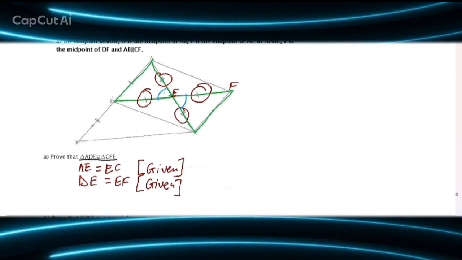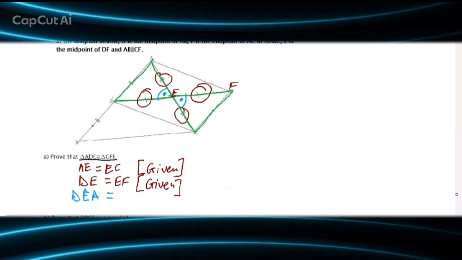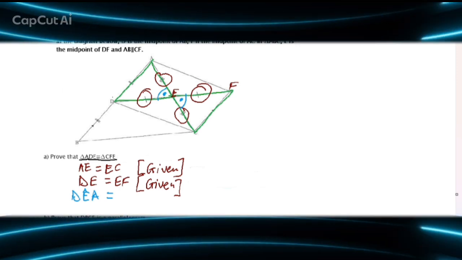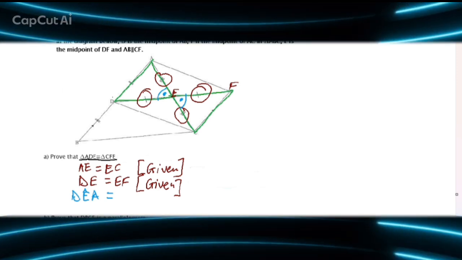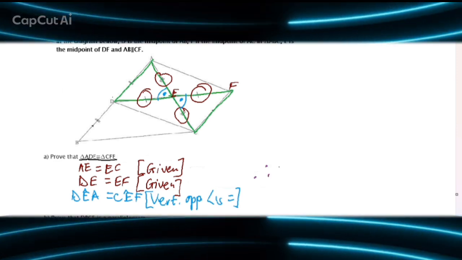And then lastly, we can see that from here, this angle and this angle will be equal since these are vertically opposite angles. So I can say angle DEA will be equal to angle CEF. Reason being vertically opposite angles are equal to each other.